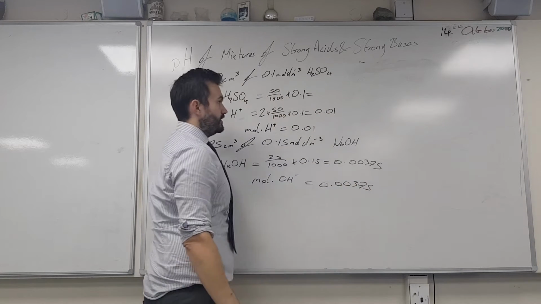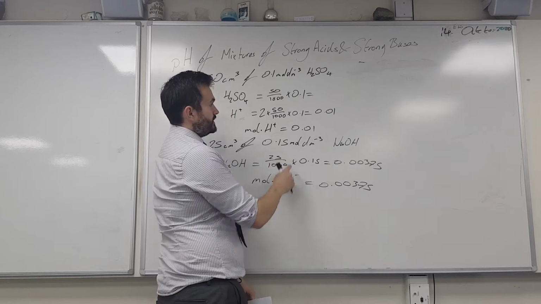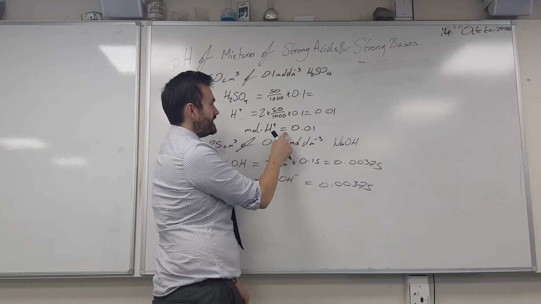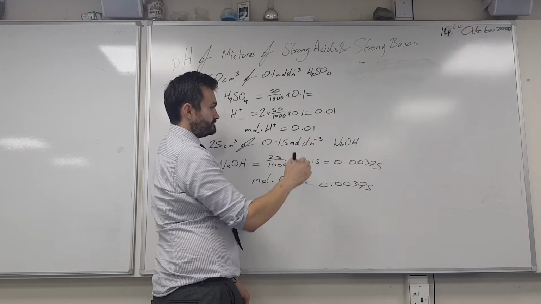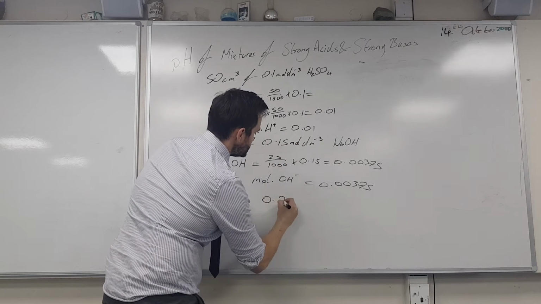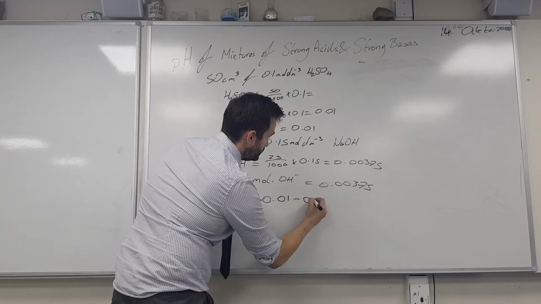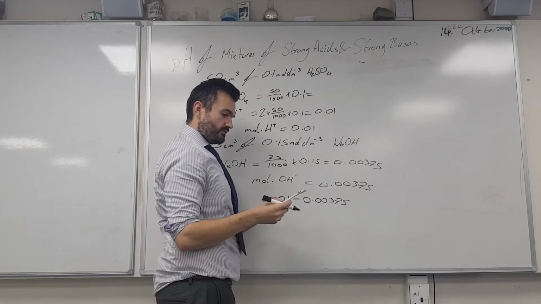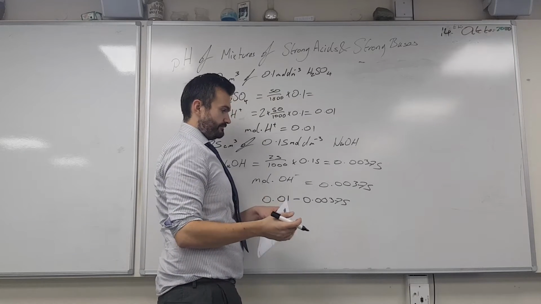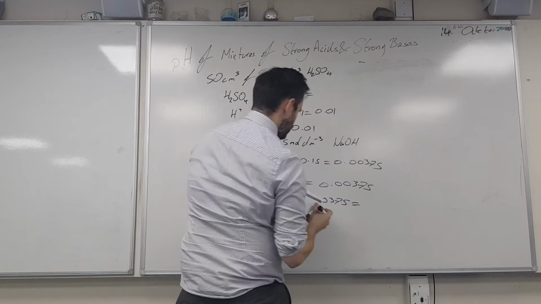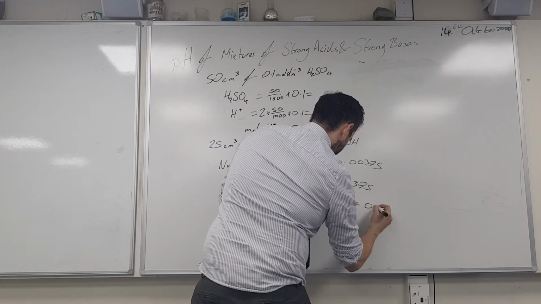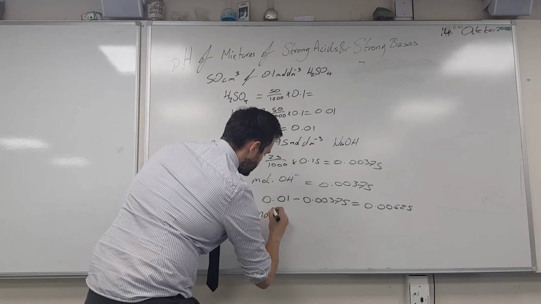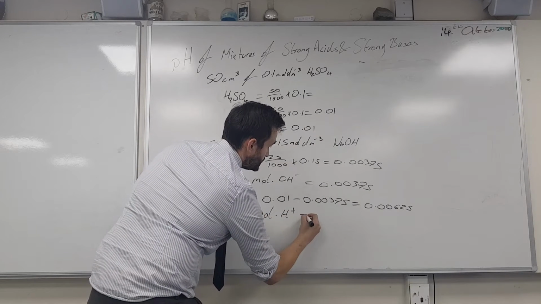So we've now got the moles of OH minus, which is 0.00375. What you need to do now is realise which number is bigger. This number is bigger, so you have an excess of H pluses. We do 0.01 minus 0.00375, which gives us the amount of protons left over: 0.00625 moles of H plus.